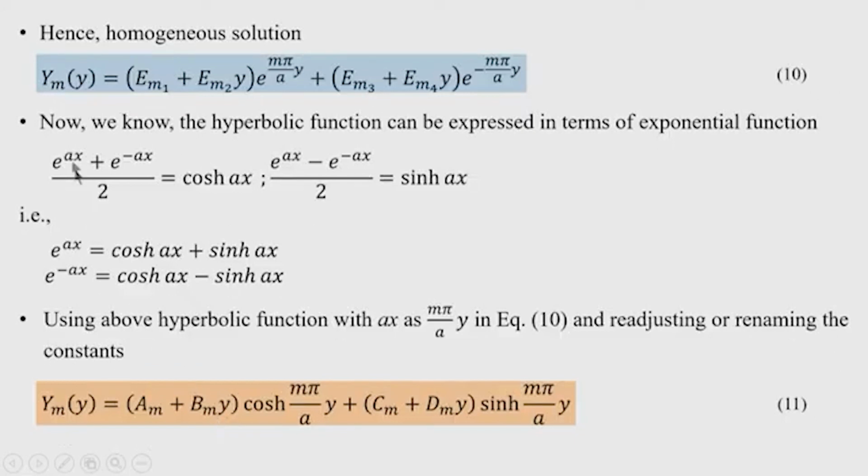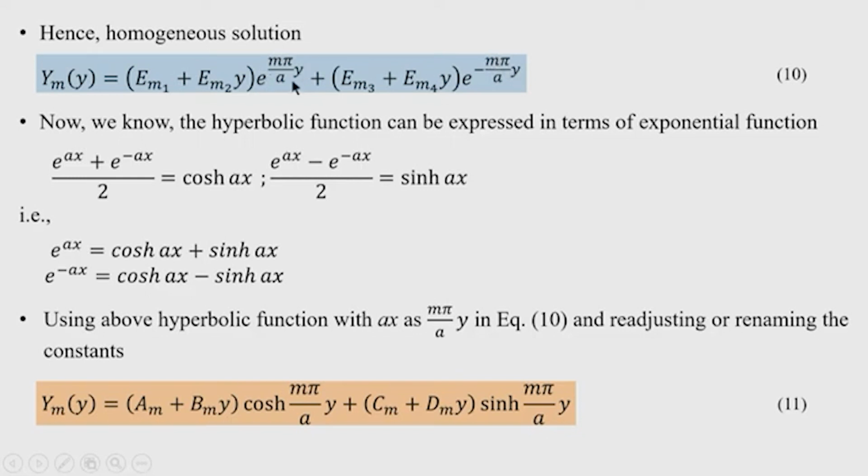Then we can write the solution simply as E m 1, where E m 1 is a constant, plus E m 2 y, because of repeated roots we are assigning a function y, times e to the power m pi by a y, plus E m 3 plus E m 4 y times e to the power minus m pi by a into y.